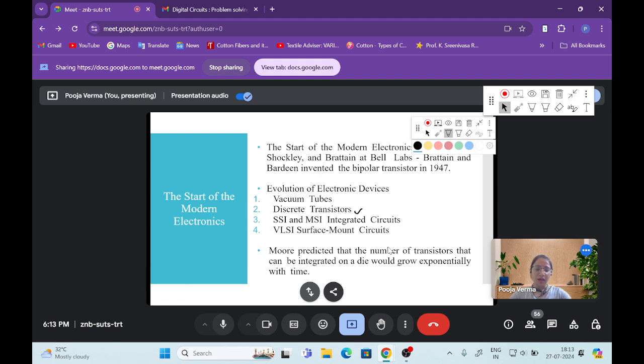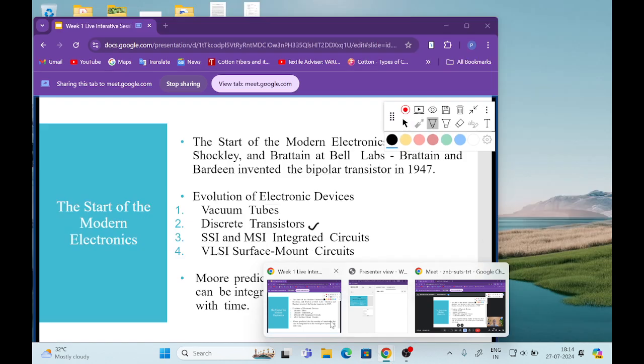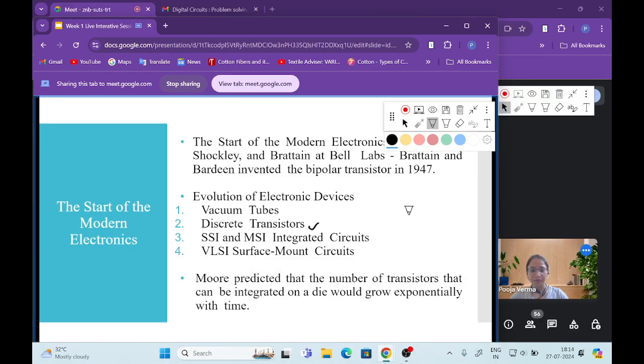After that Moore predicted that the number of transistors integrated on a die will grow exponentially with time. That graph was shown by him.